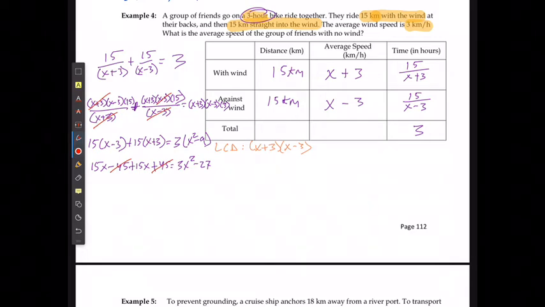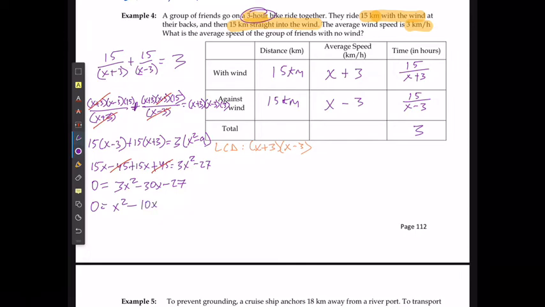And I'm going to move the x's to the other side of the equation. 0 is equal to 3x squared minus 30x minus 27. It's all divisible by 3, so I'm going to divide both sides of the equation by 3. 0 is equal to x squared minus 10x minus 9.